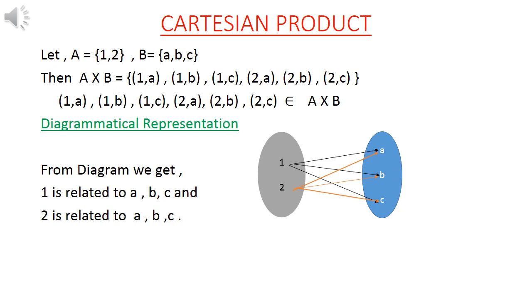If we represent this diagrammatically, we get this figure where 1 is related to a, 1 is related to b and 1 is related to c. Similarly, 2 is related to a, 2 is related to b and 2 is related to c. That means relation comes from the Cartesian product.